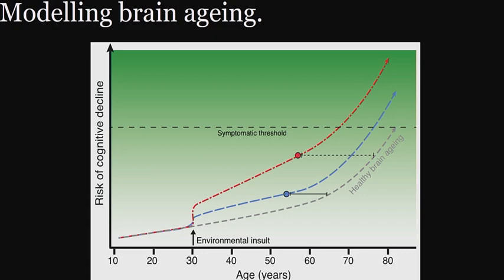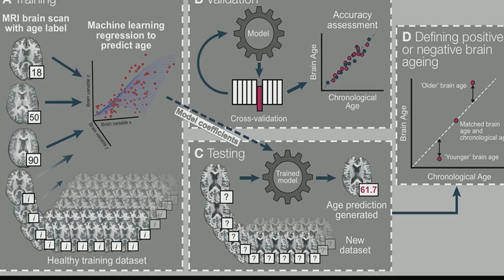And then to look at different individuals, at different points on this spectrum, and see how much they differ from the healthy group, and then use that difference as a biomarker of age-adjusted brain health. The idea being that the nearer you are to the symptomatic threshold, the worse your brain health is for your age.